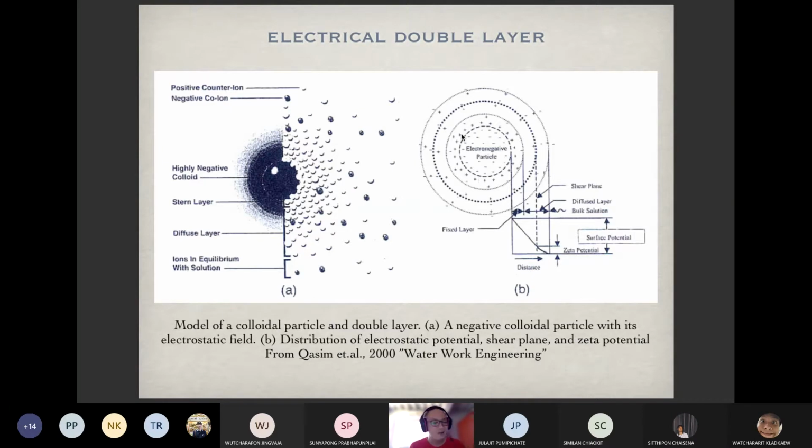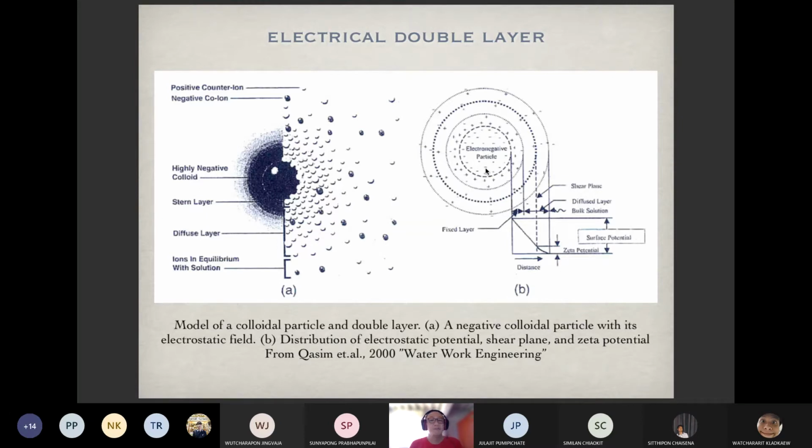So if they are surrounded by the negative charge, what should we do? We should add the opposite charge, or the positive charge. Any ion which gives the positive charge can be used to neutralize the negative charge around the colloidal particles. We can use sodium, we can use calcium, which also give a positive charge. But the problem is sodium can only give one positive charge, and calcium can only give 2 positive charge.